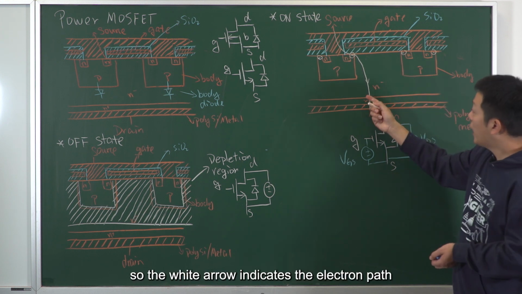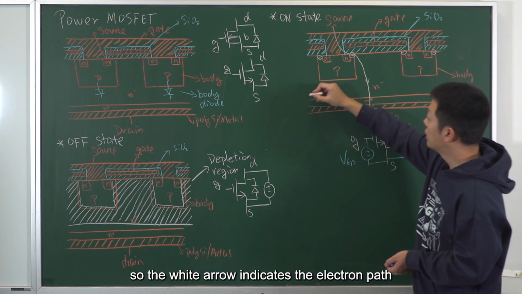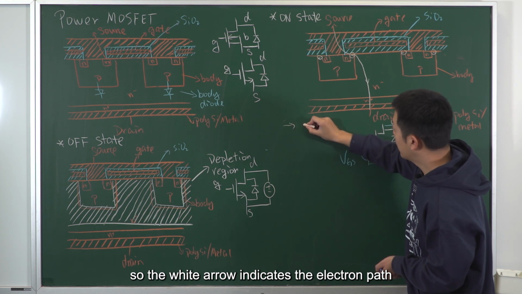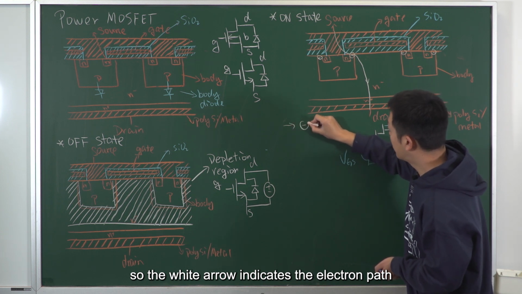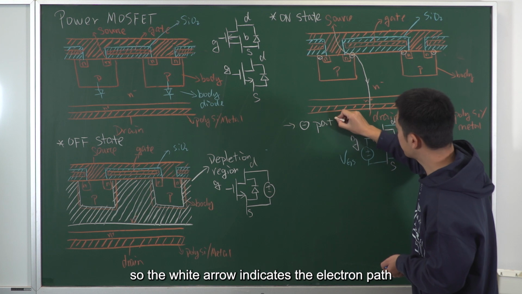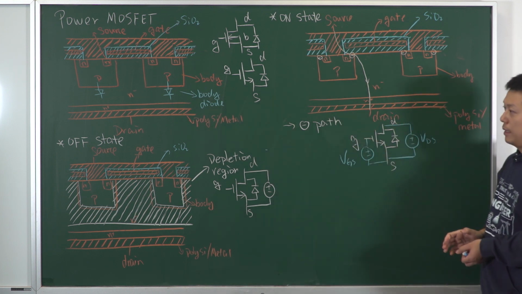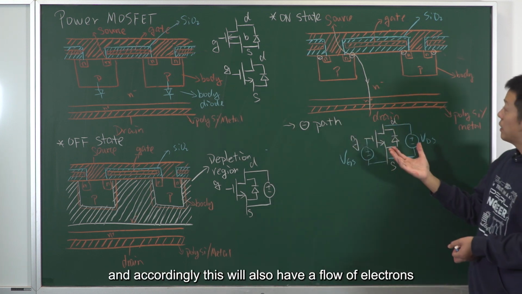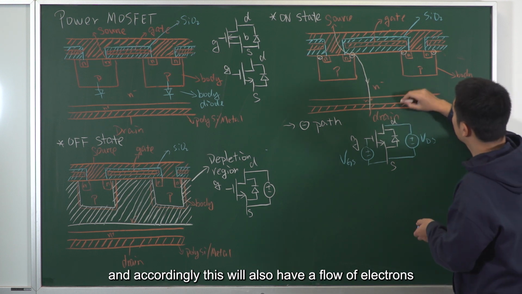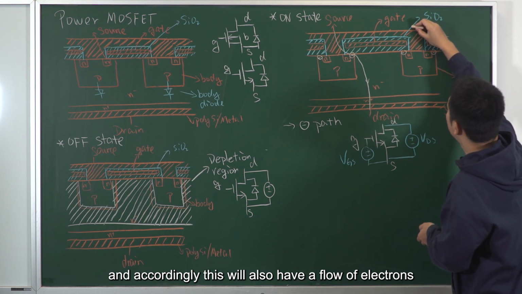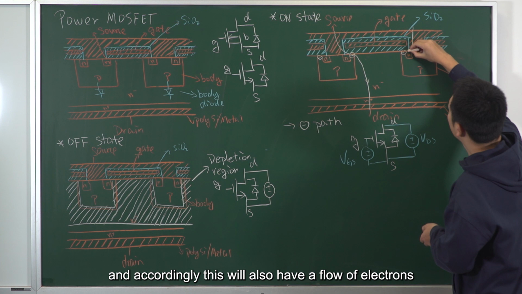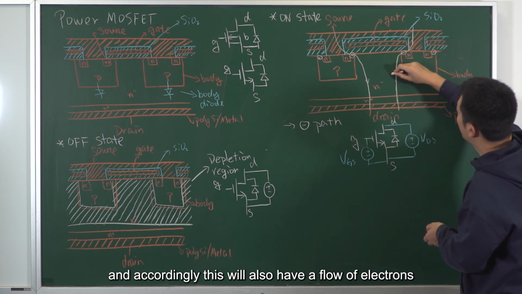So the white arrow indicates the electron path. And accordingly, this will also have a flow of electrons.